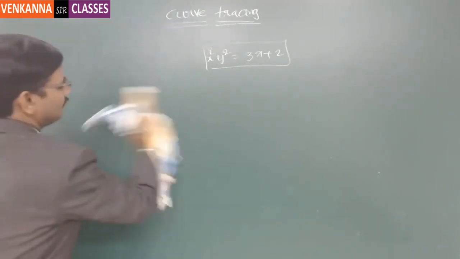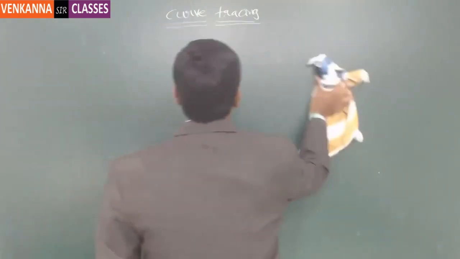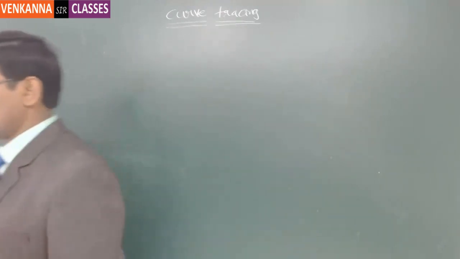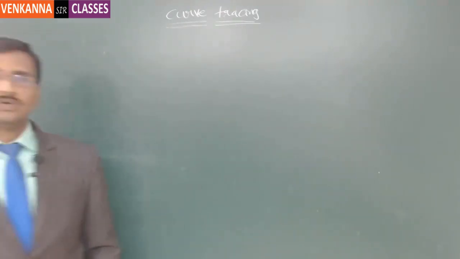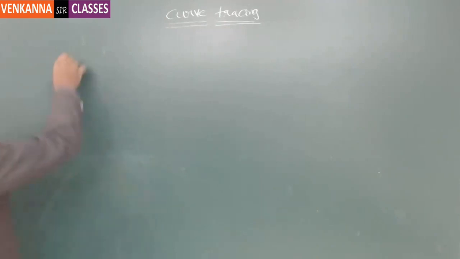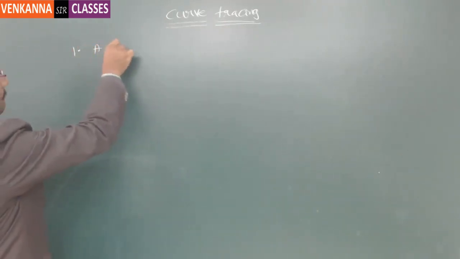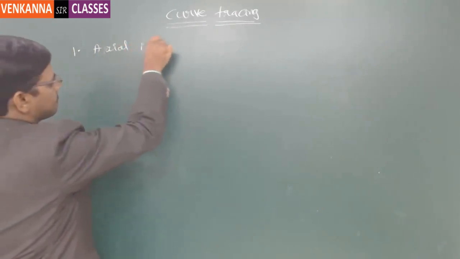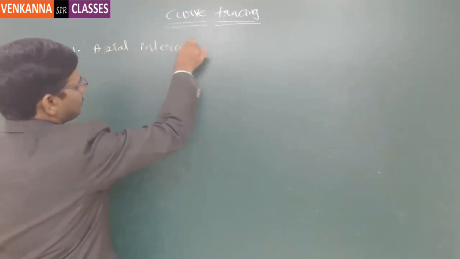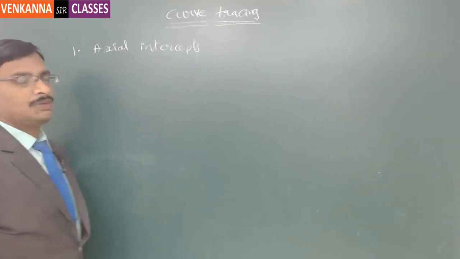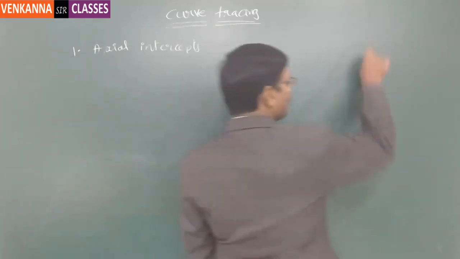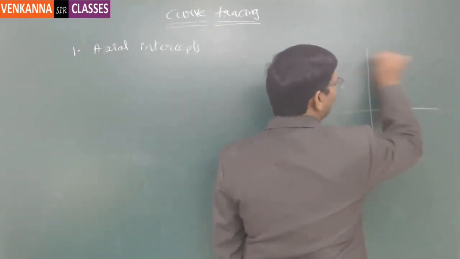Now let us see what the important points are in curve tracing. The first and foremost is the axial intercept. By axial intercepts, we mean, given a random curve, let us say there is a curve like this.